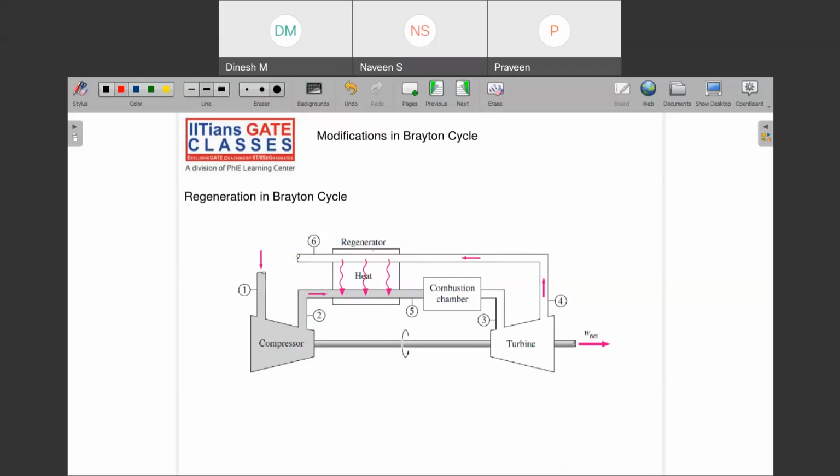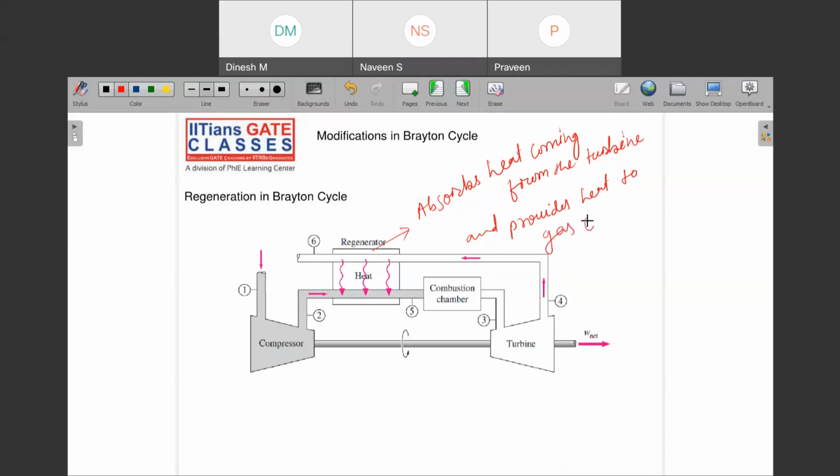So what a regenerator does is absorb heat coming from the turbine and provide heat to the gas coming out of the compressor.